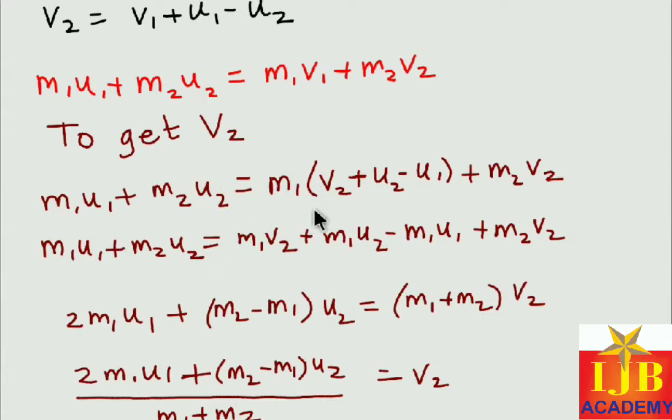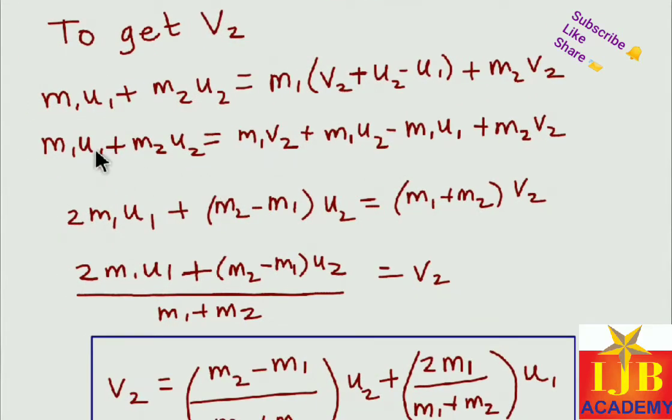So if you multiply m1, you get m1 v2 plus m1 u2 minus m1 u1 plus m2 v2. You are seeing m1 u1 and another minus m1 u1 here; taking this to the LHS, it becomes 2 m1 u1 plus m2 u2. You see m1 u2; taking this to the LHS, it becomes minus m1 u2.